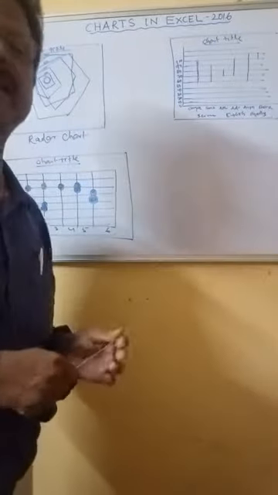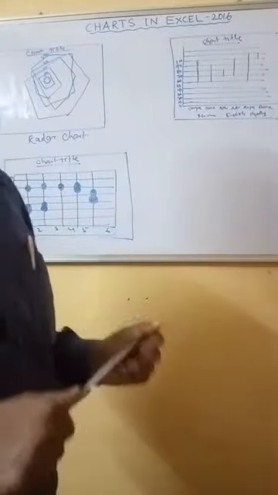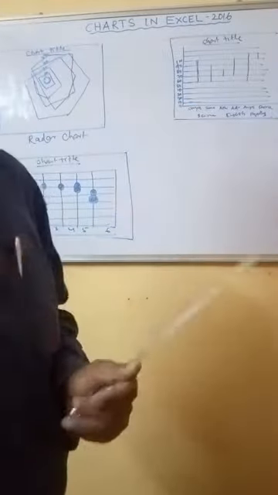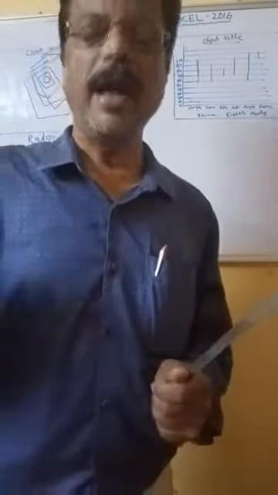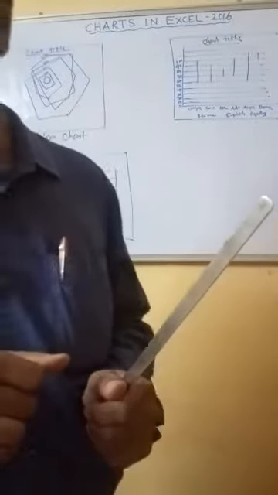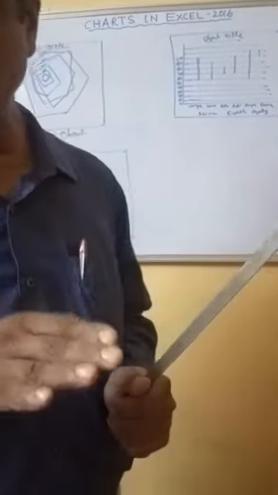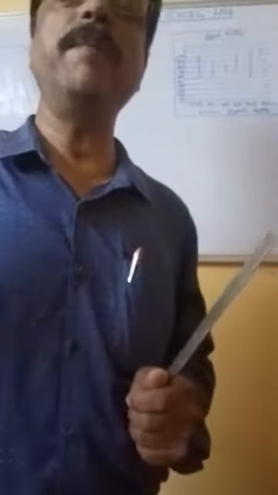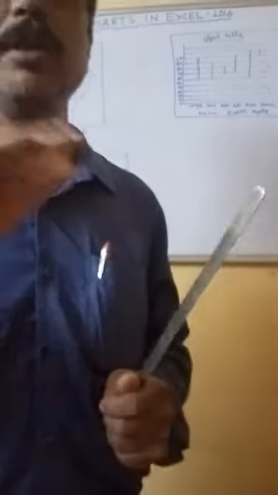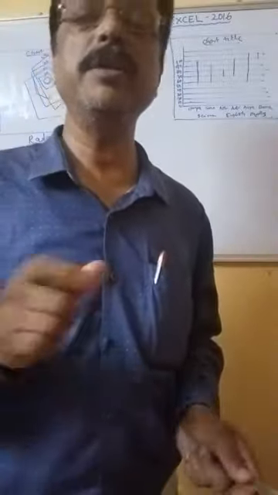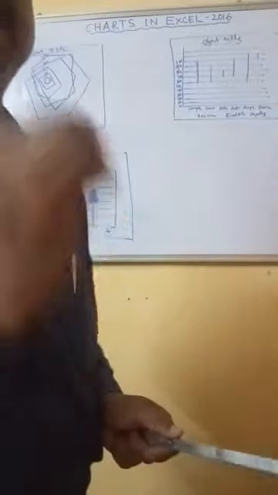The next thing is the stock chart. The stock chart we use very frequently in the stock market, for share dividends and share value, and how the share value trend is going up or going down. To represent all these things we use this type of chart. That is why it is named a stock chart.